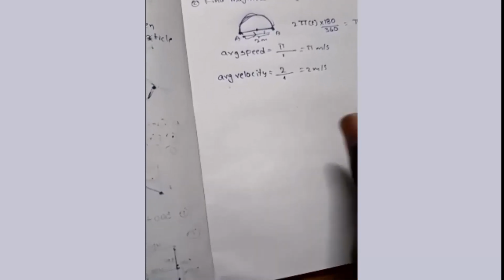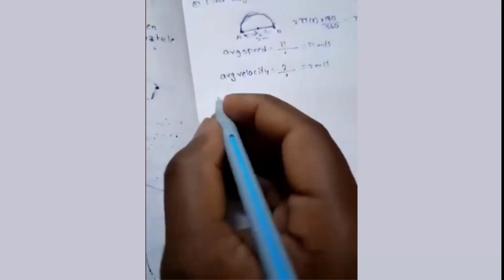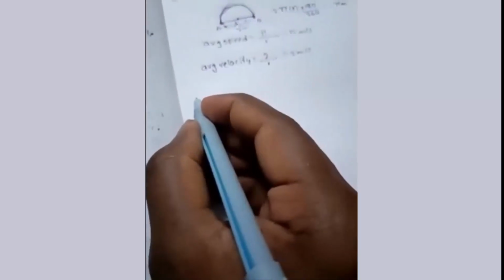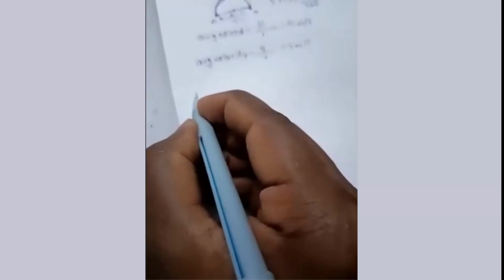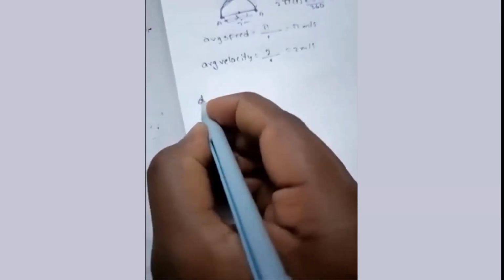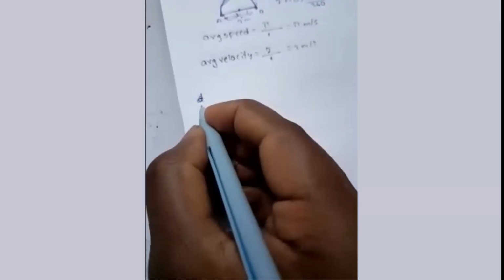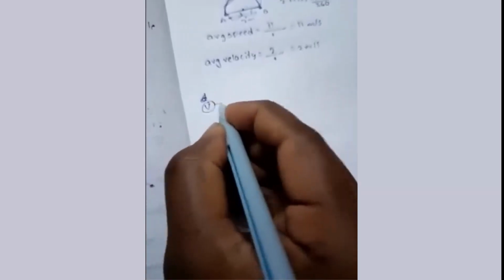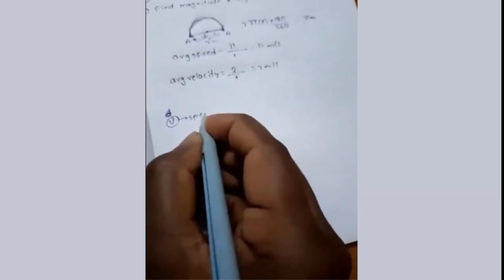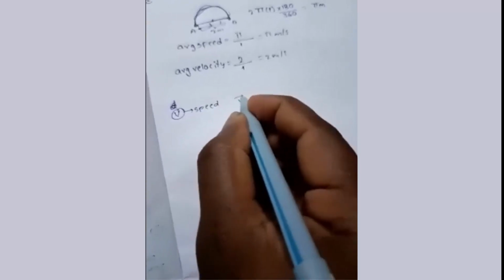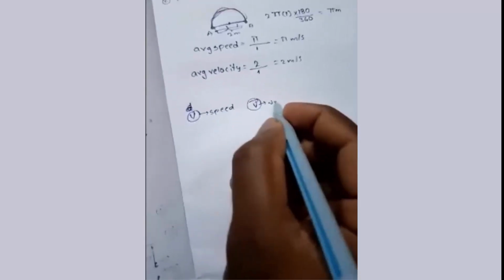See, I'm asking a question. Here I'm denoting speed with v. v is speed and v bar is velocity.